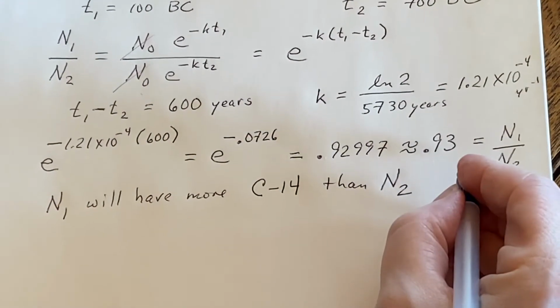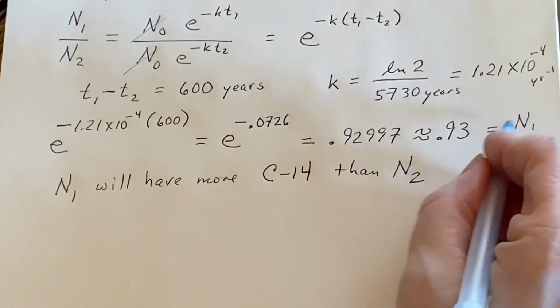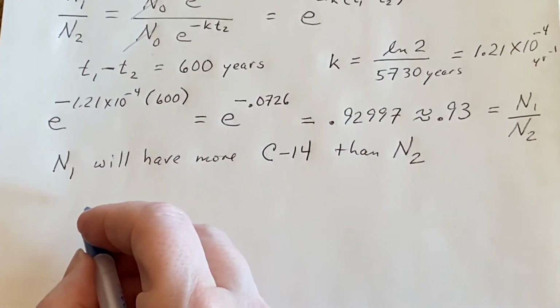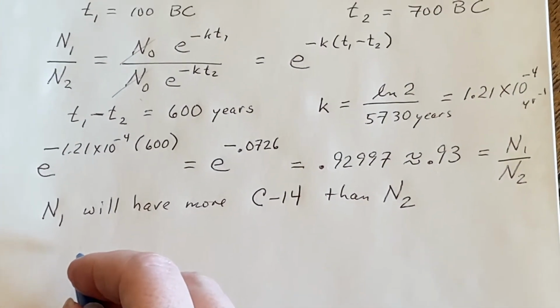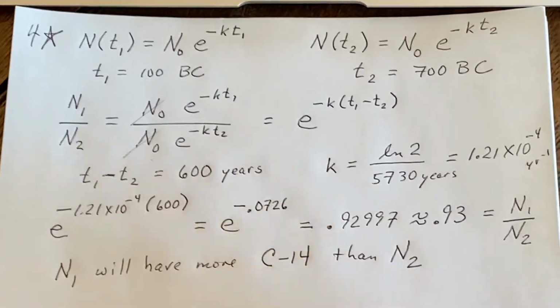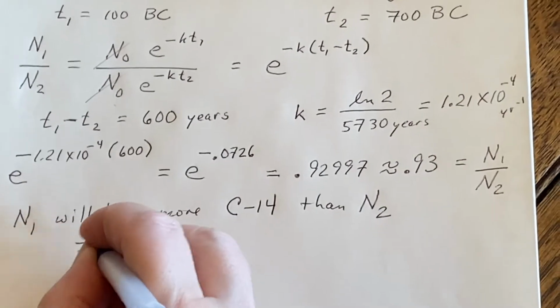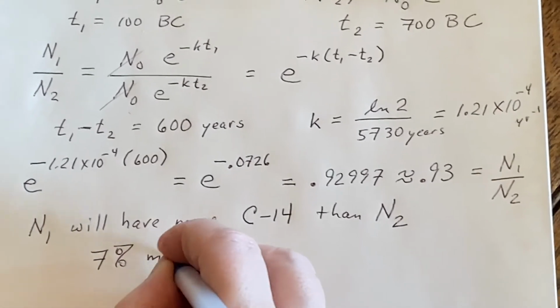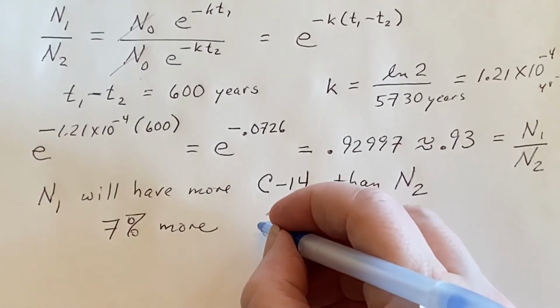How much more? Well, I can look at this and say, oh, must be about 7% difference, because one of them is 0.93 of the other, right? So 7% more in the more recent sample.